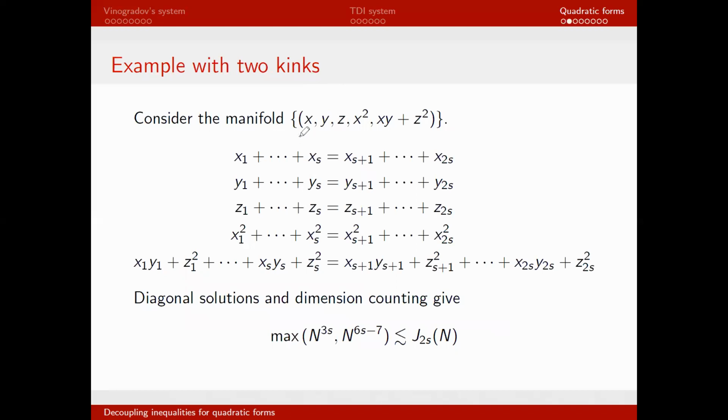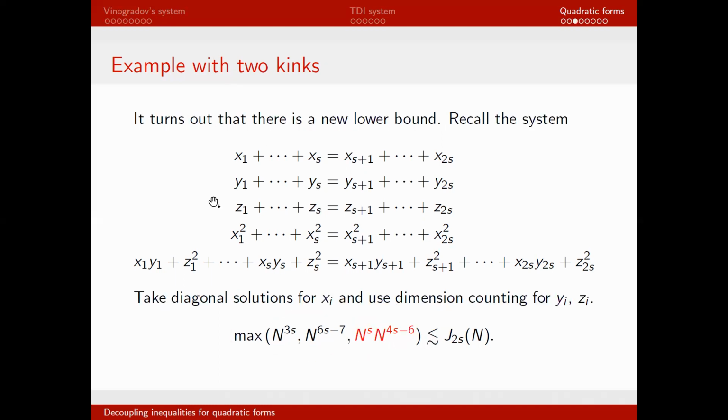So let's first look at some example. This is the example that I'm going to talk about for a moment. And we can think about this system of equations associated with this manifold. And if we take diagonal solutions, and if we do dimension counting arguments, we get this lower bound.